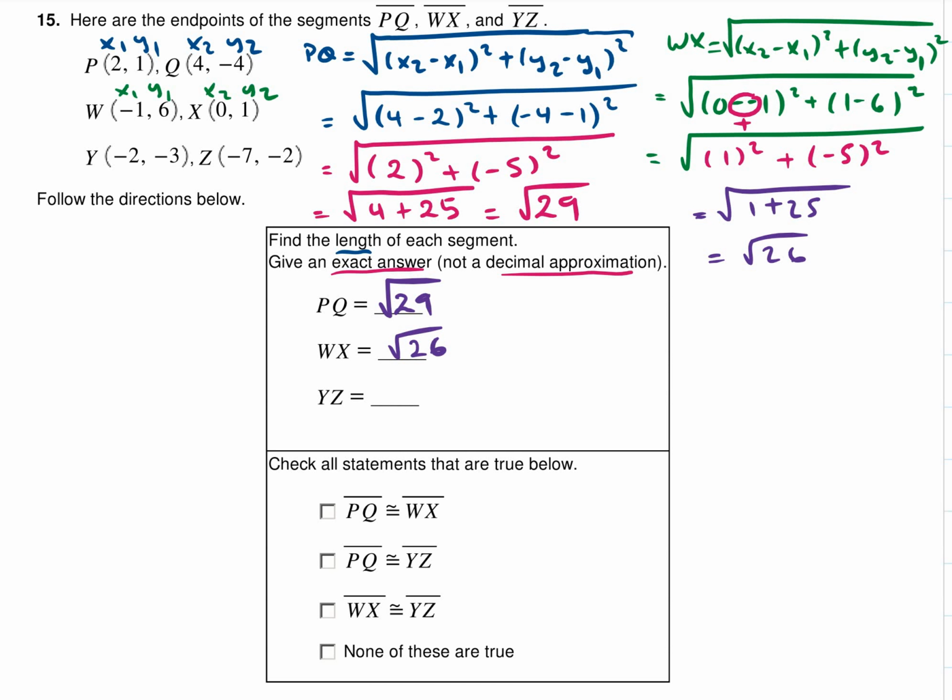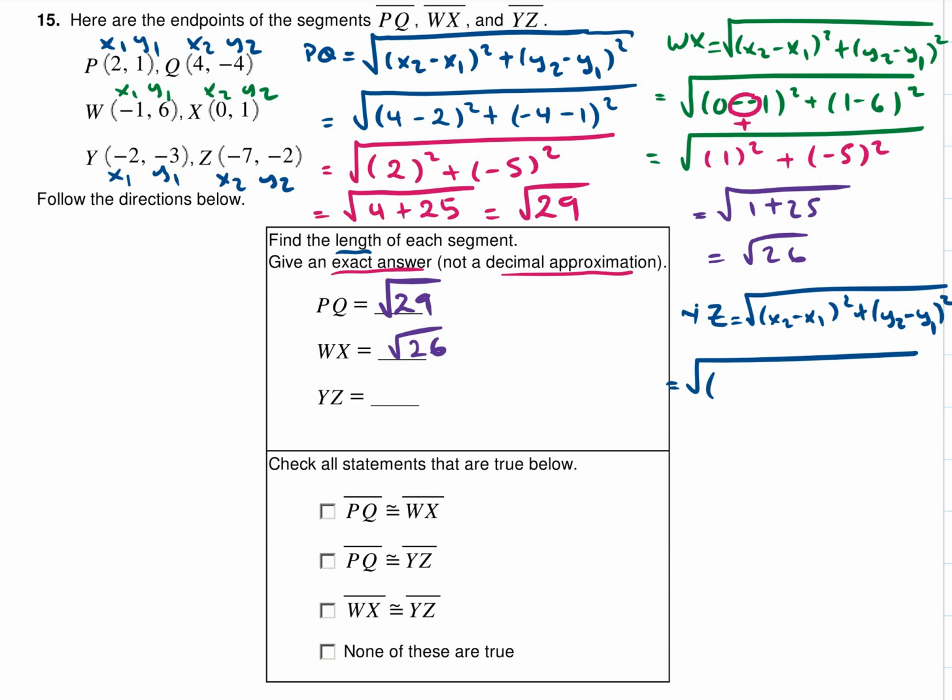And we do it one more time for YZ. YZ would be the same thing, the square root of x2 minus x1 squared plus y2 minus y1 squared. So x1, y1, x2, y2.